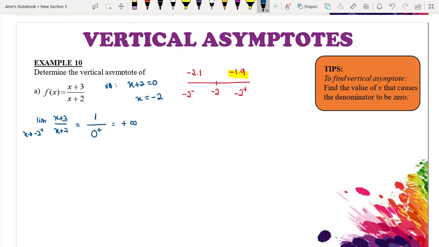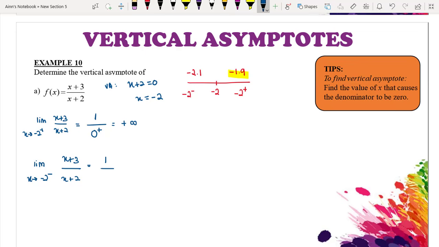We'll do the same for negative 2 from the left. So we have the limit as x approaches negative 2 from the left of (x plus 3) over (x plus 2). For the numerator, if we substitute negative 2, we get negative 2 plus 3, which is 1. For the denominator, negative 2 plus 2, we get 0.